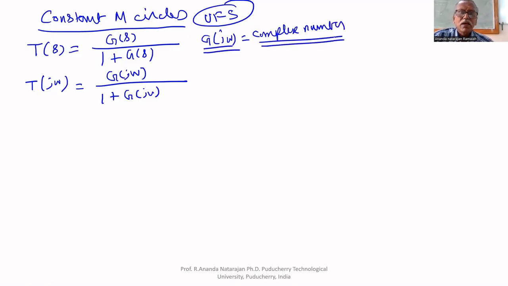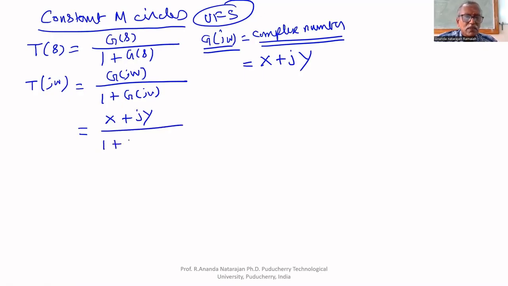So we can call G of j omega as x plus jy. Therefore, this closed loop transfer function becomes x plus jy upon 1 plus x plus jy.